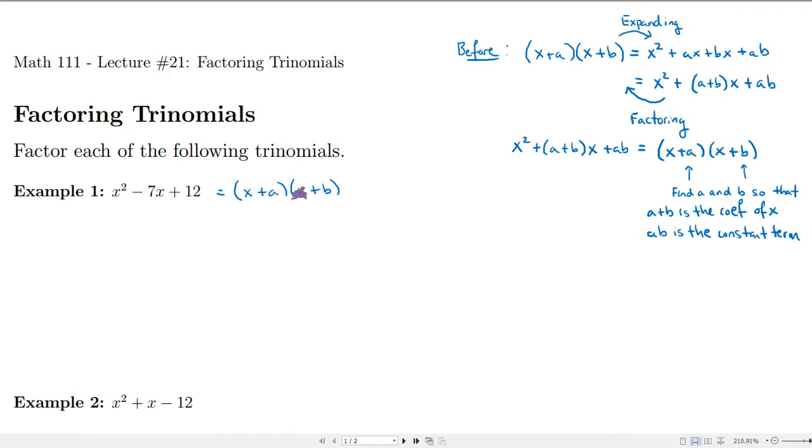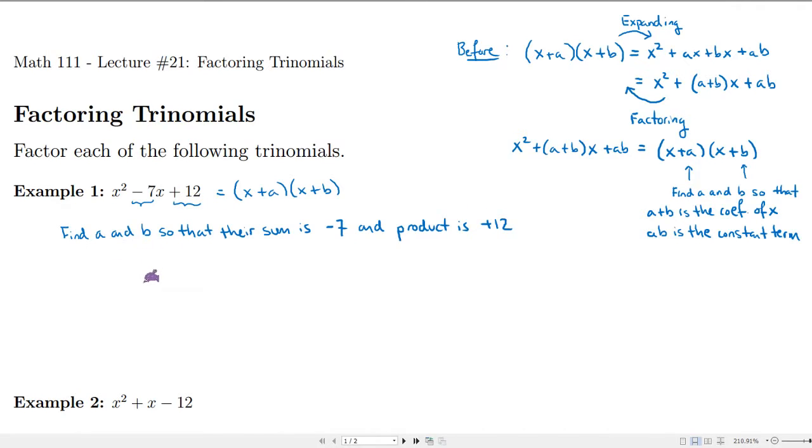Well, we want to find an a and a b so that their sum is this coefficient of x, which is negative 7, and their product is positive 12.